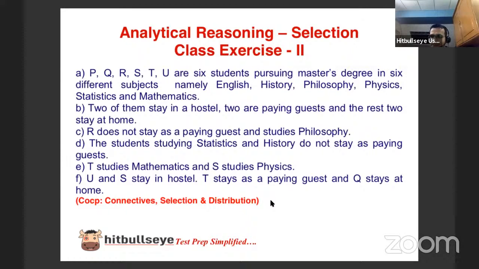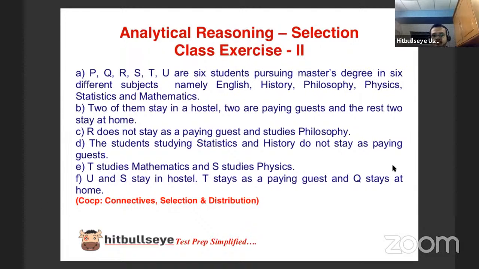Everybody, are you able to make that table from the given conditions? I'm not getting a response from all of you. Are you there?